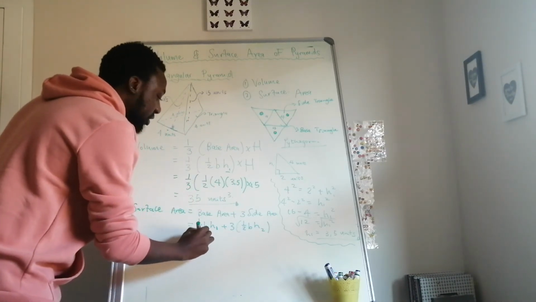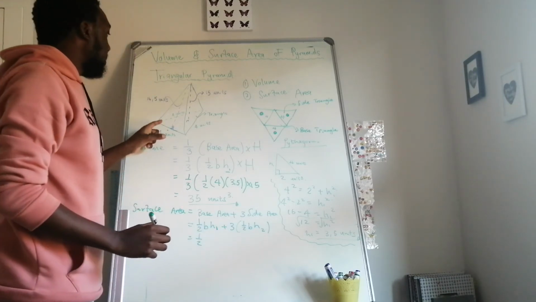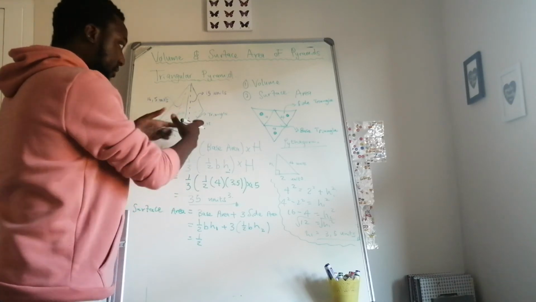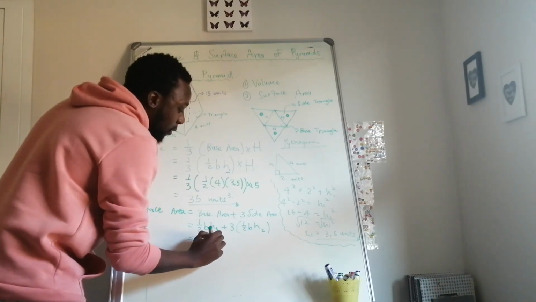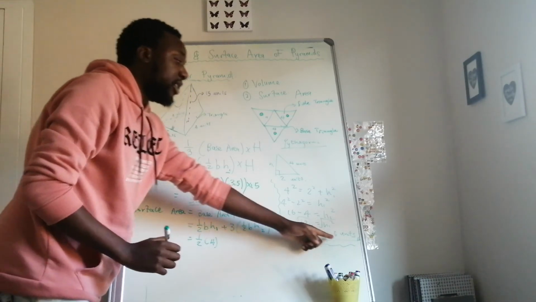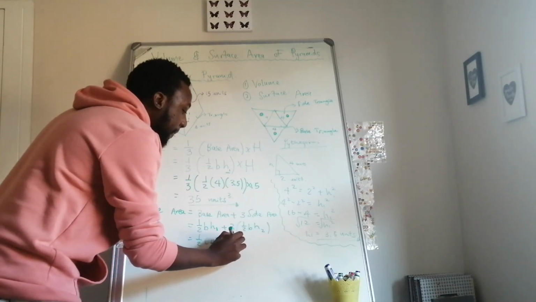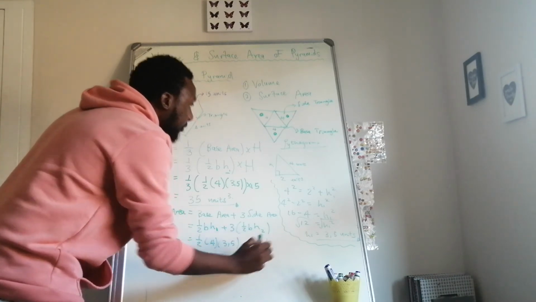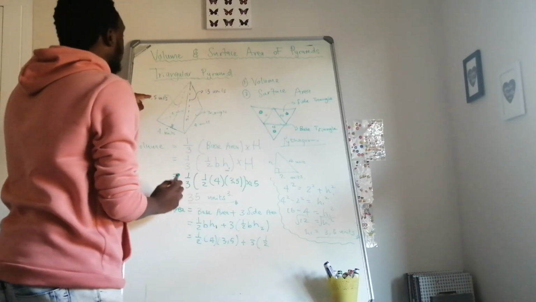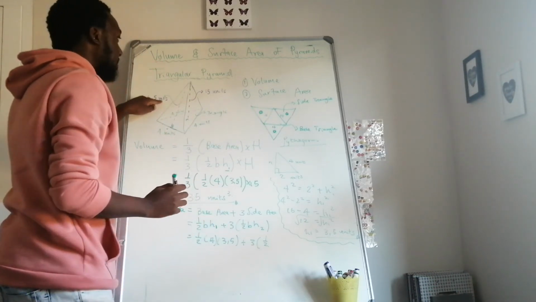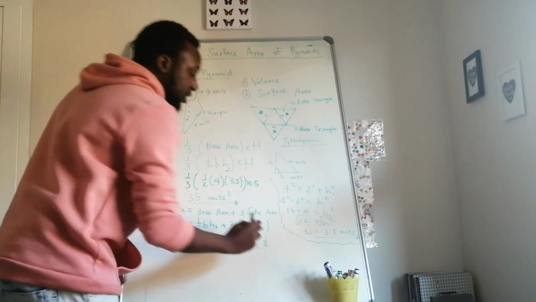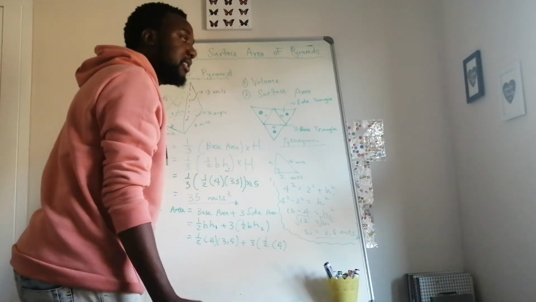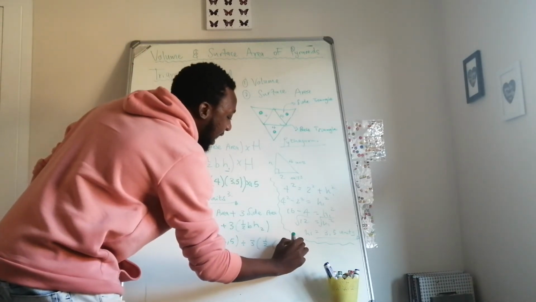Then you just substitute. It's a half, the base of the first triangle, the inside triangle, is just 4, and the height that we calculated was 3.5. Plus 3 of half: this triangle here has a base of 4 as well, so the base is the same. That's why I didn't call them different bases, but the height is different.